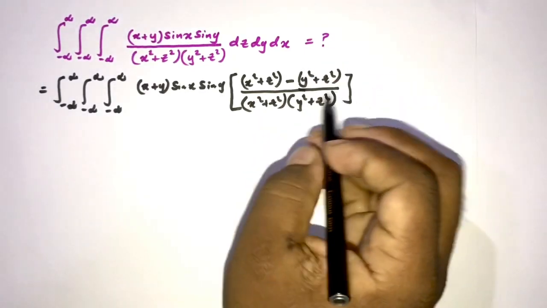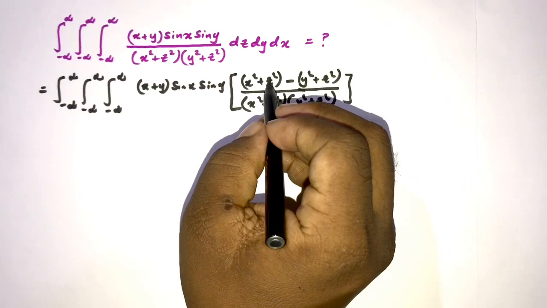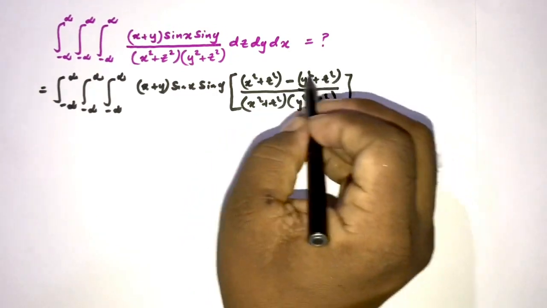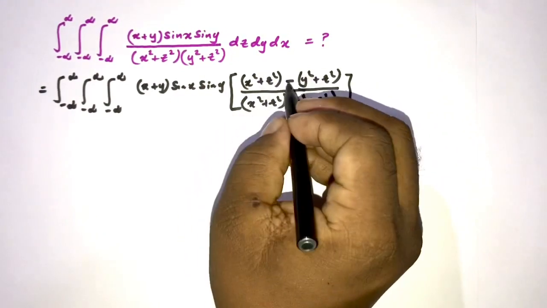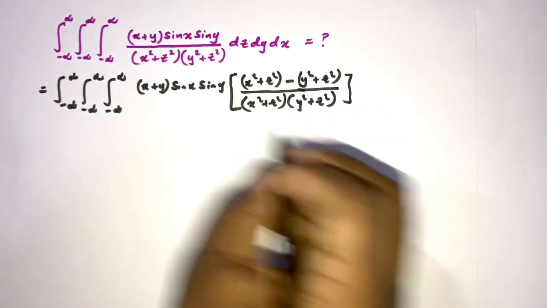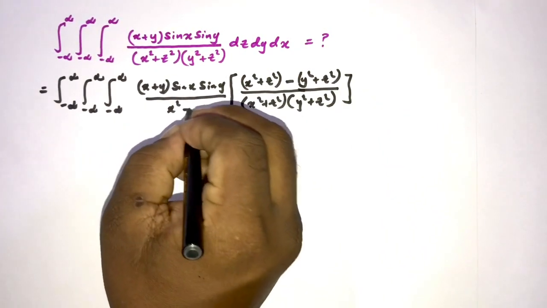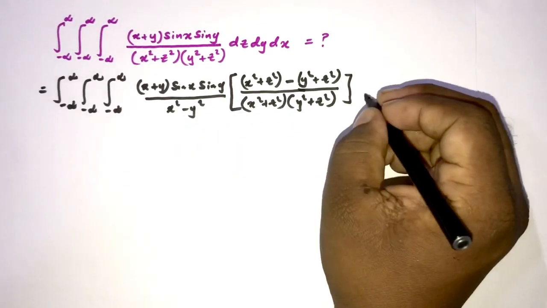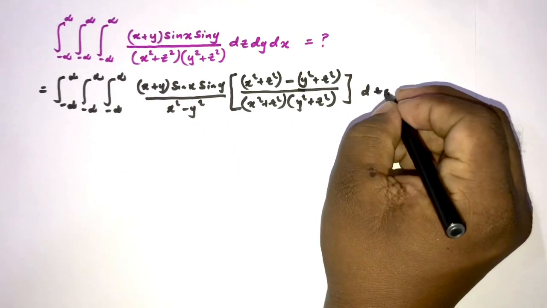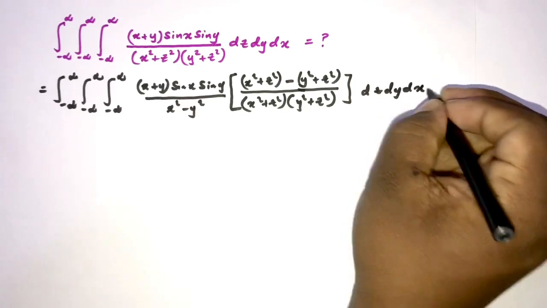Then z square minus z square get cancelled, and we have x square minus y square. So we should divide by x square minus y square, and here we have dz dy dx.